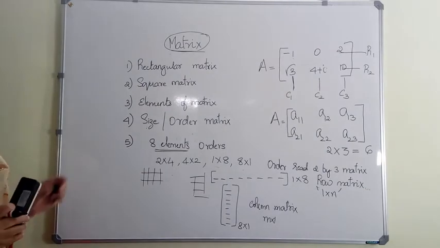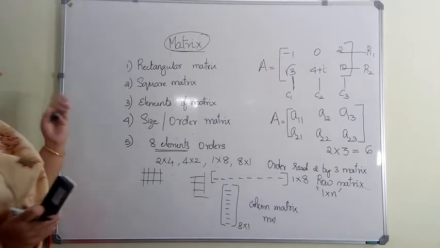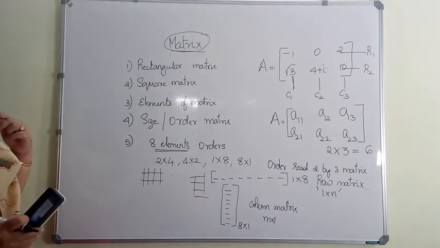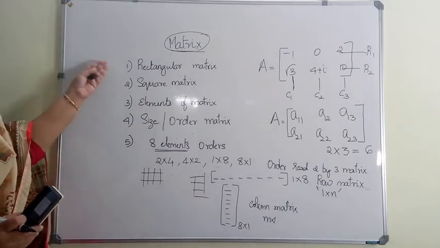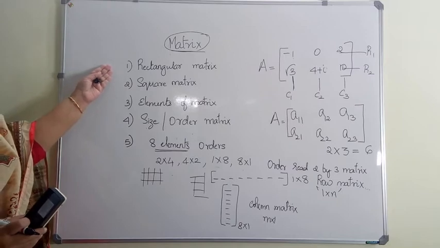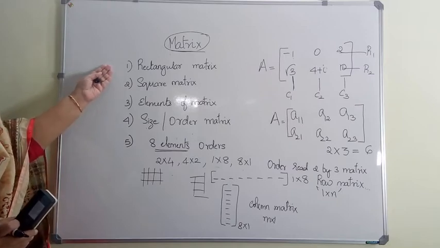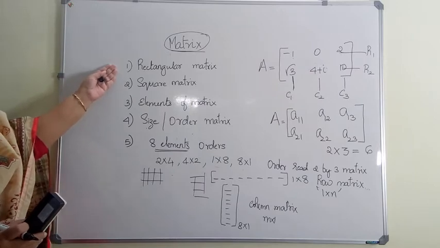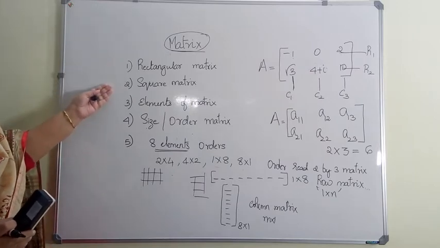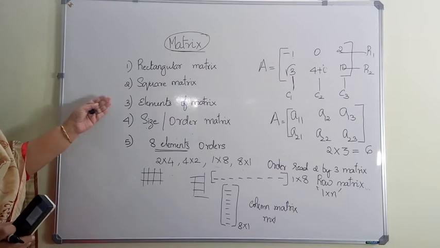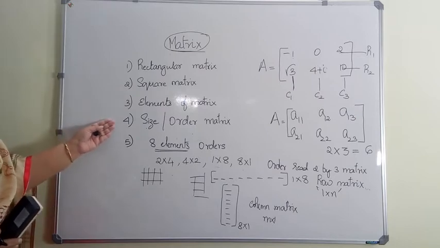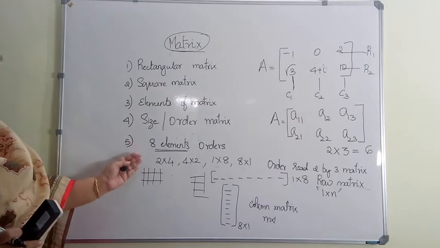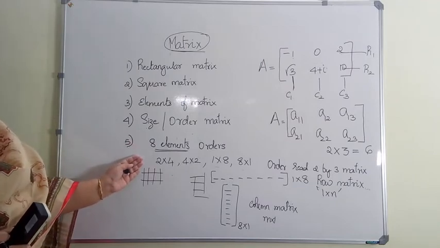So we have discussed the initial 5 properties of matrices. A matrix is a rectangular arrangement of numbers or information in rows and columns. Square matrix, elements of a matrix, size or order of a matrix, and when the elements are given, how to get the order of the matrix.